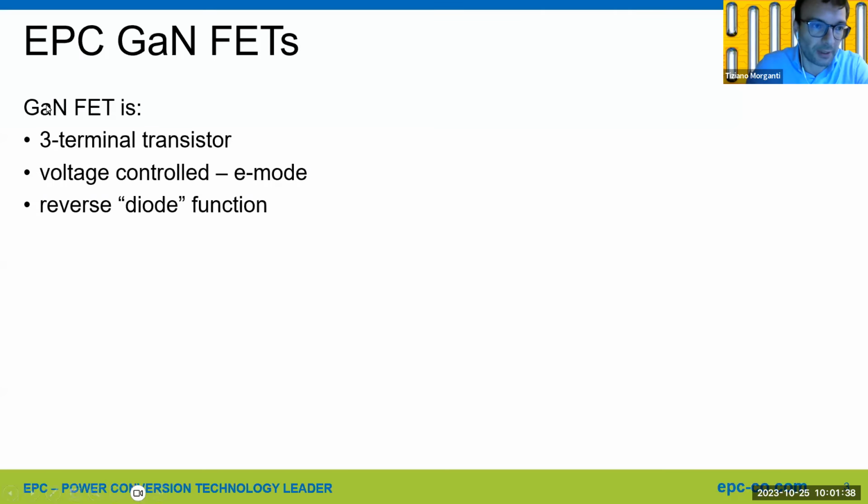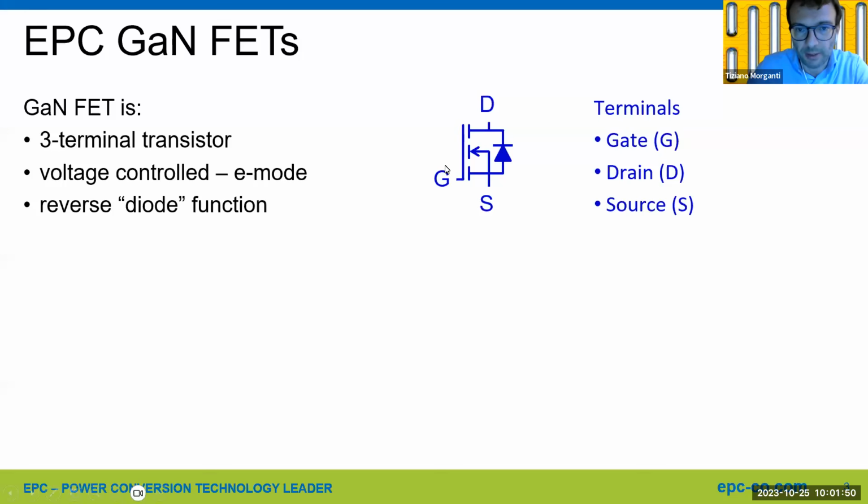So basically, our GaN FET is a transistor, so it's a three-terminal device, controlled by voltage, and it embeds a reverse diode function. Basically, this is the symbol. So we have gate, source, and drain. The current between drain and source is controlled by a voltage between gate and source.